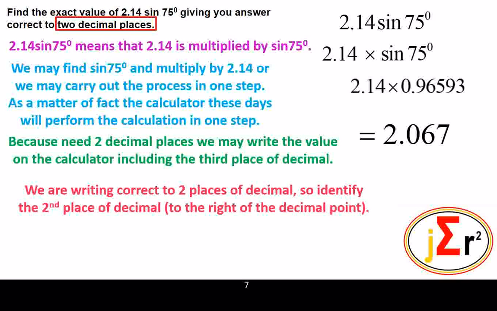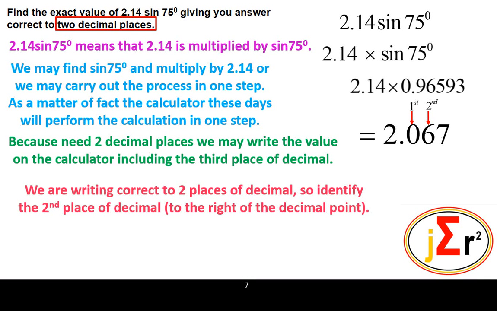We are writing correct to 2 places of decimal, so we are going to identify the 2nd place of decimal, which will be the 2nd digit to the right of the decimal point. So there we are identifying the decimal places 1, 2, and of course 2 places to the right of your decimal point.